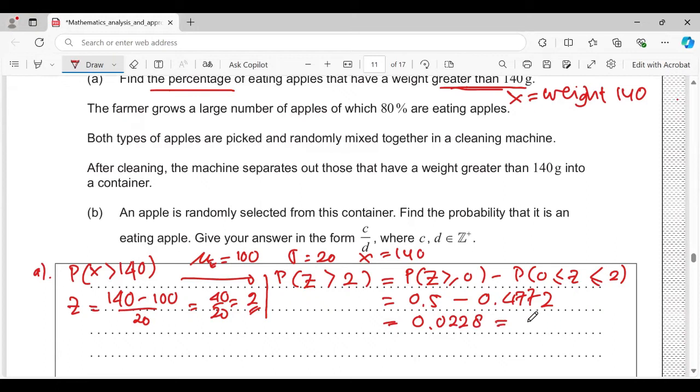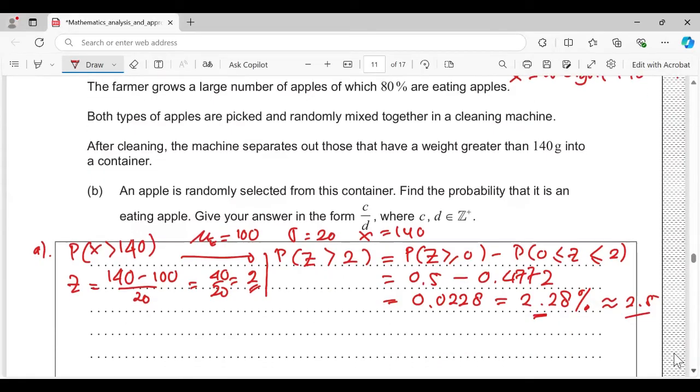In percentage it becomes 2.28%. In another version they convert it to 2.5, but I like to use this result from the table.